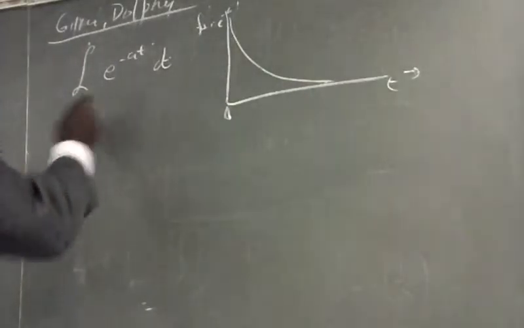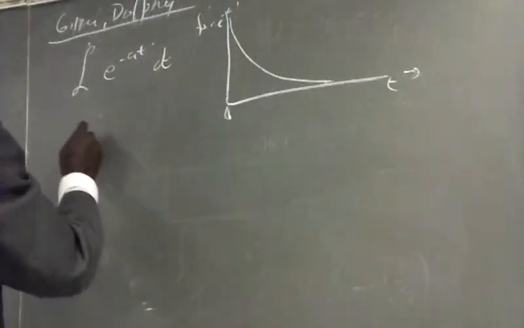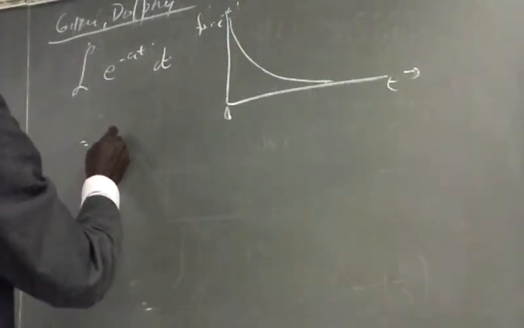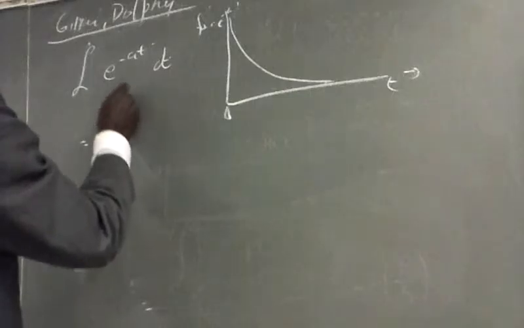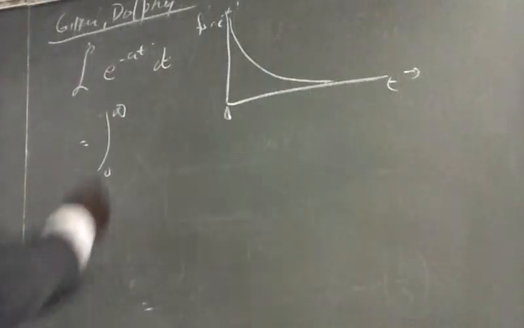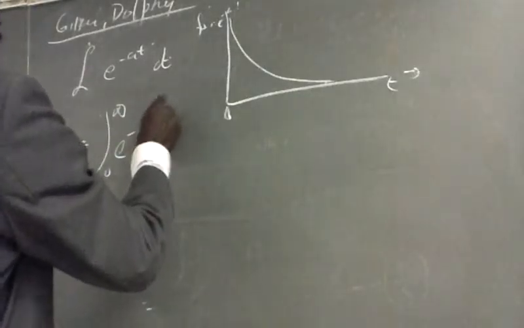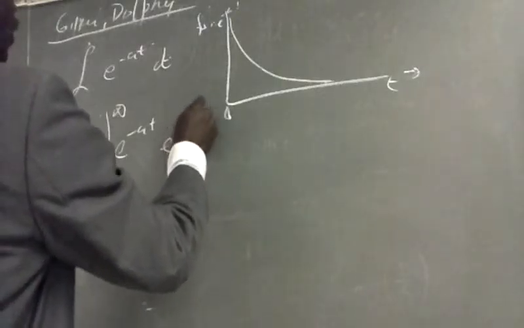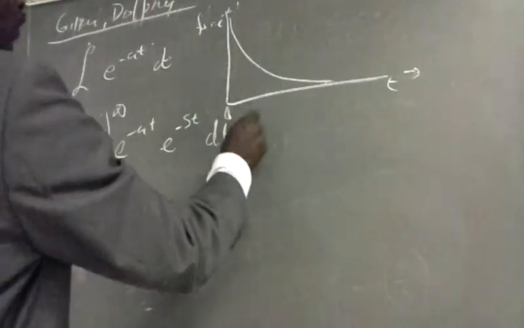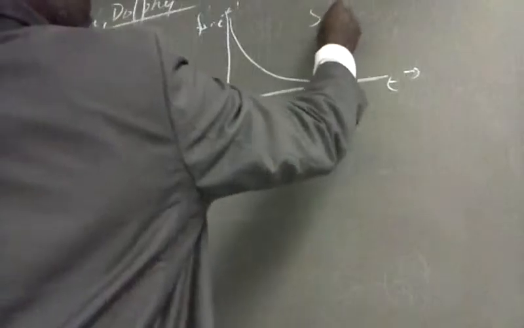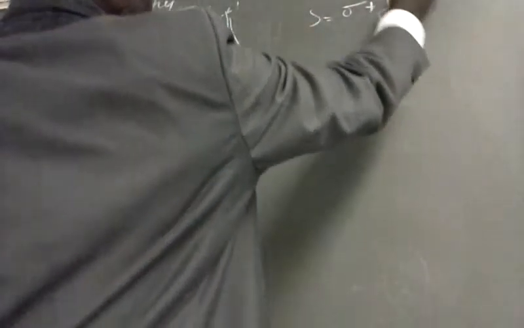We say the Laplace transform of e to the minus at is equal to the integral from 0 to infinity, by the definition, of e to the minus at times e to the minus st dt. You must remember that s equals sigma plus j omega.